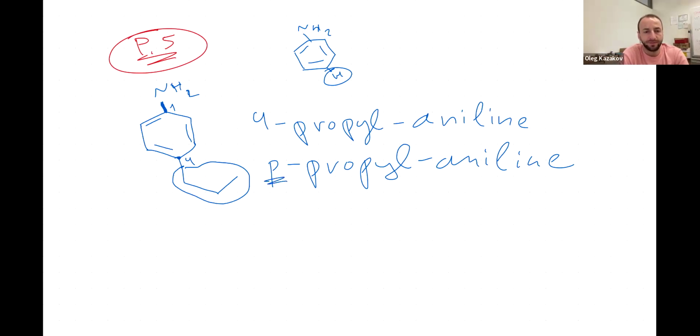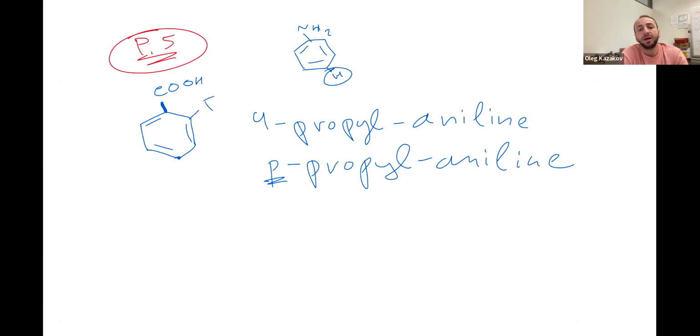If you have some other situations, let's switch gears a little bit. Let's say you have COOH here, so that's going to be our benzoic acid now. Then maybe it has a fluorine here.